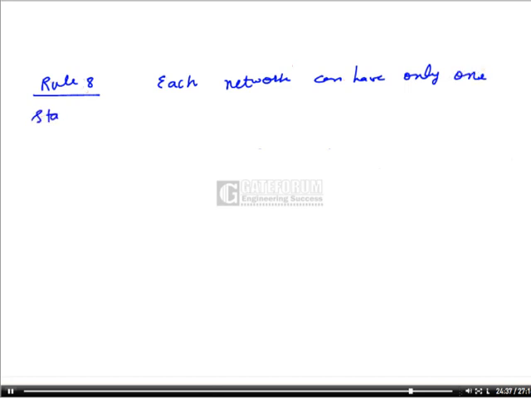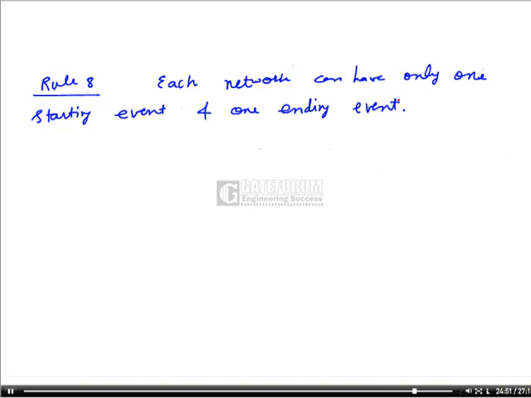And the last rule is rule number 8. Each network can have only one starting event and one ending event.